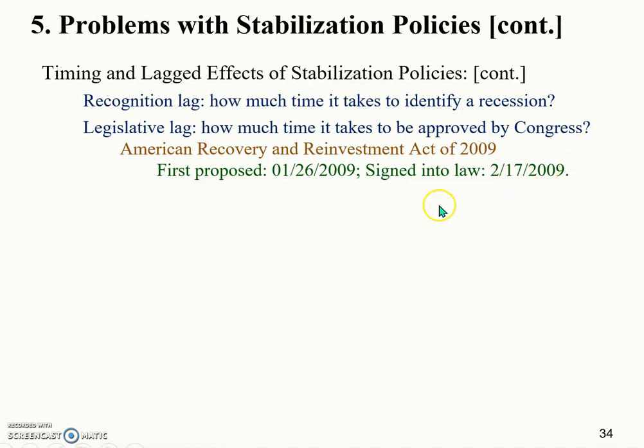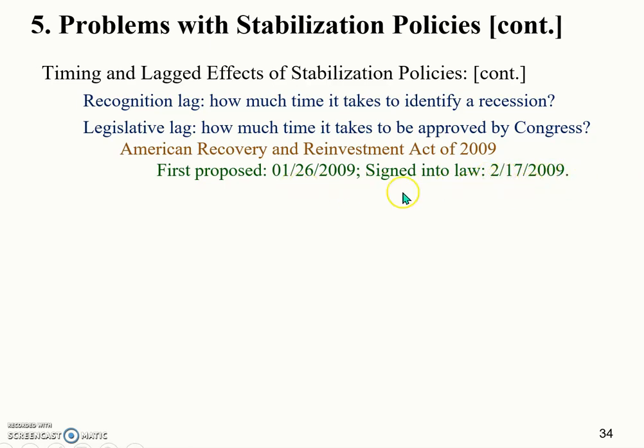Now here, some examples in our recent history. The American Recovery and Reinvestment Act of 2009. This is the Congress's response to the Great Recession of 2007-2008. Now we find that this act was first proposed on January 26, 2009, and was later signed into law by President Obama on the 17th of February 2009.